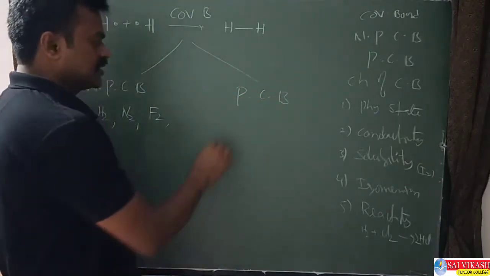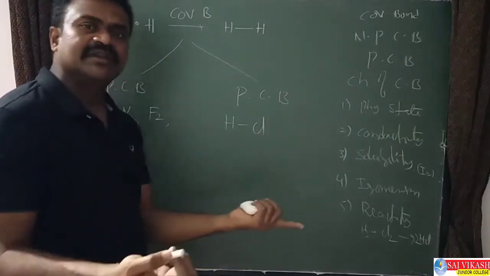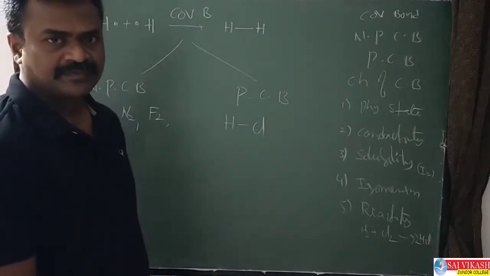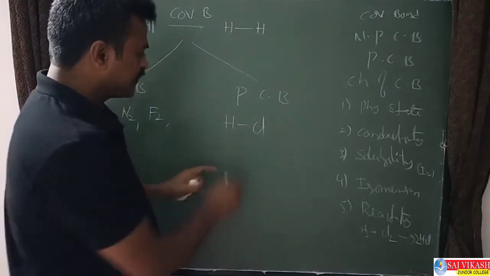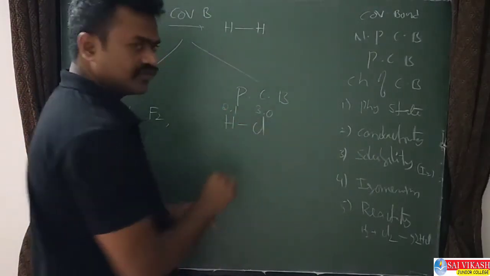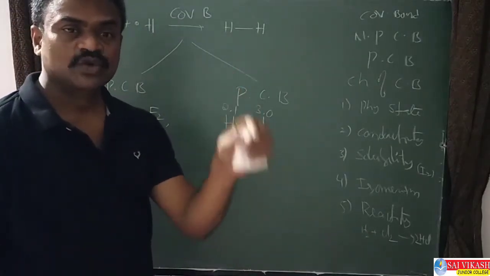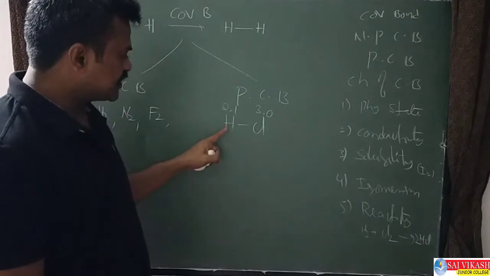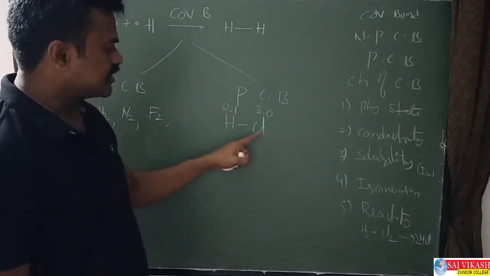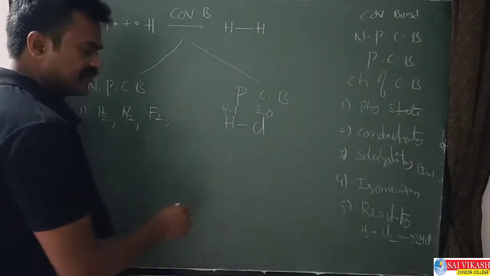For example, you see HCl. Both are dissimilar electronegative atoms. The hydrogen electronegativity is 2.1. Chlorine electronegativity is 3. I already told you in the classification of elements, the electronegativity concept. The difference is how much?